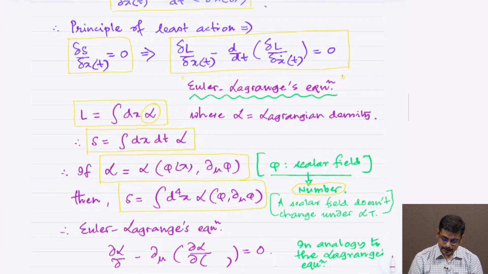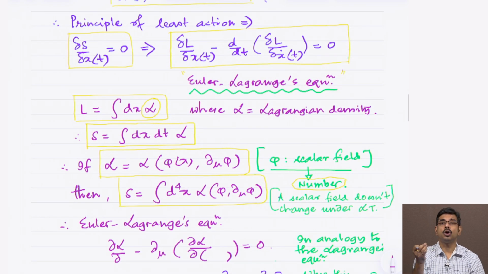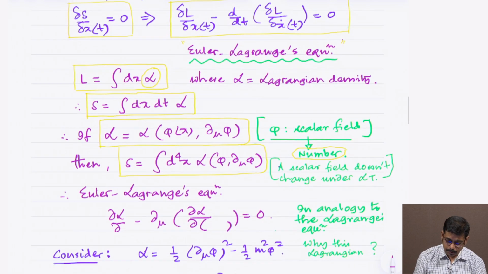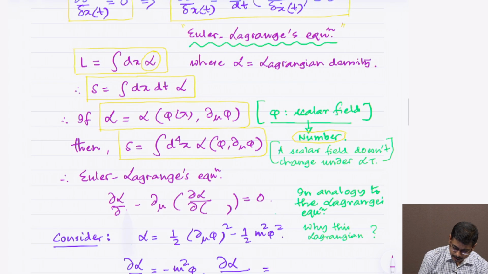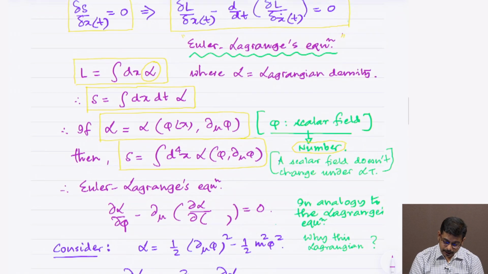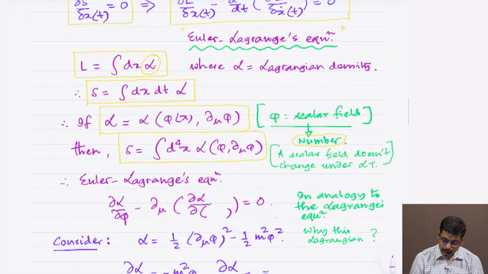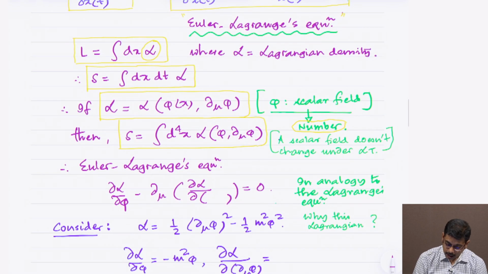Now, you remember that the job of d/dt has now been taken by del mu, and the job of x of t has been taken by the field phi itself. So, the first term should be del L del phi. The second term, instead of d/dt we should have del mu, and instead of x dot I should have del L over del of del mu phi. Okay?